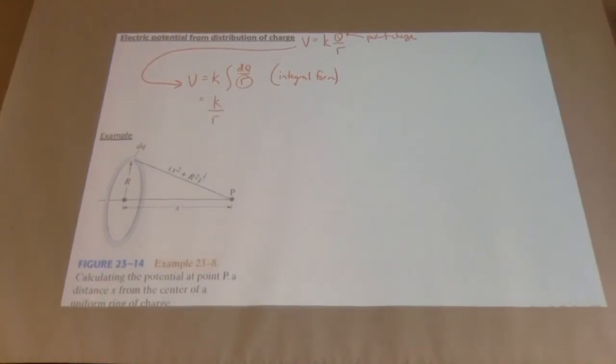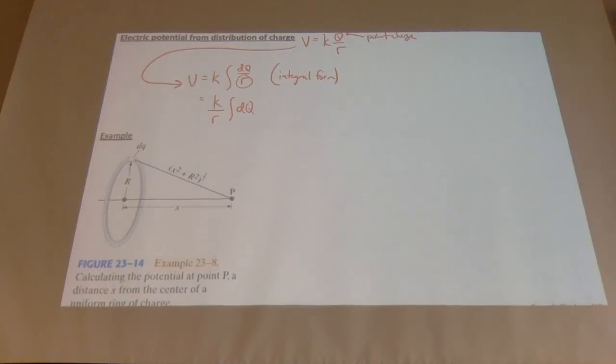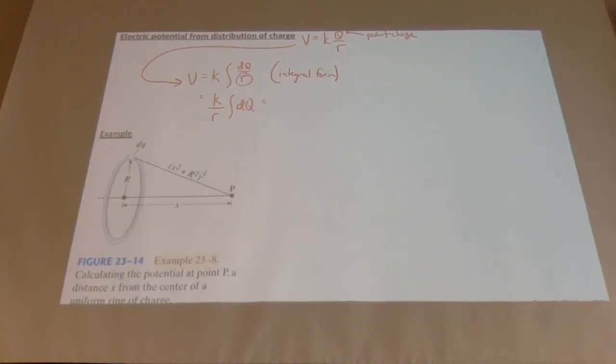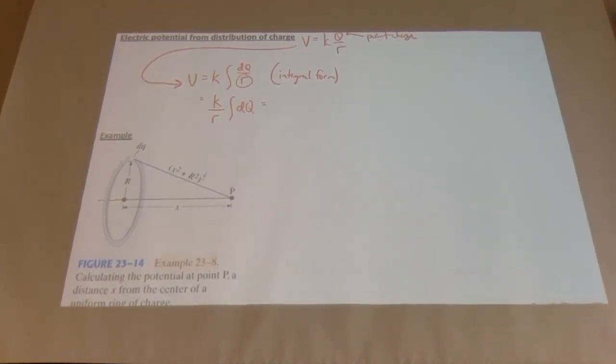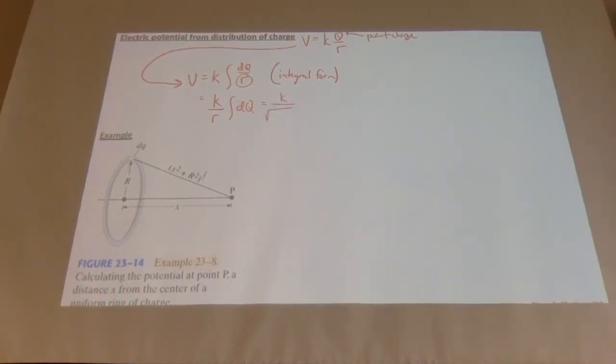So I've got k over r, integral dq. And then we can express r as what they have there, the square root of x squared plus r squared. So I've got k over the square root of x squared plus r squared, integral dq.